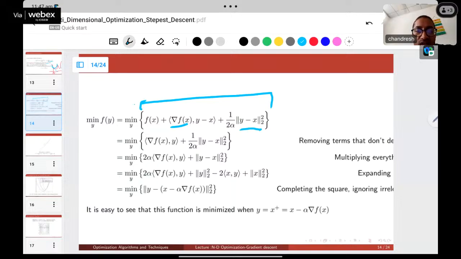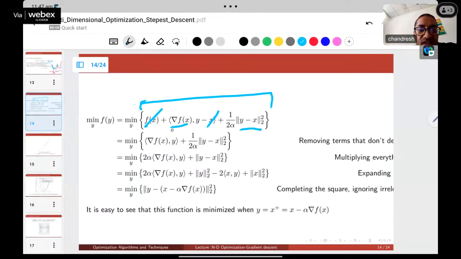Now in this function we are going to minimize with respect to y, so this term can be written off, because it does not depend on y. All terms containing only x can be written off. Look at this carefully, this is how the gradient descent update equation comes. This term is gone because it does not contain y. This term is also gone.